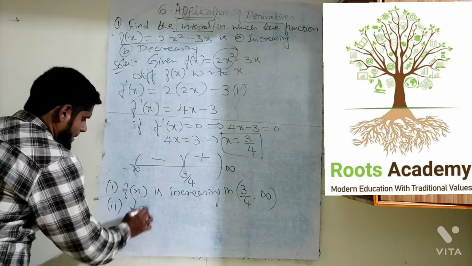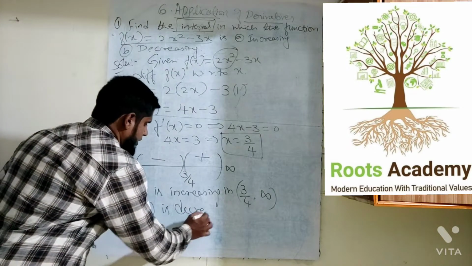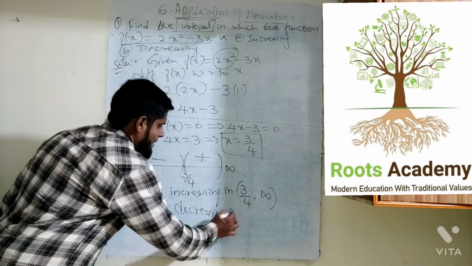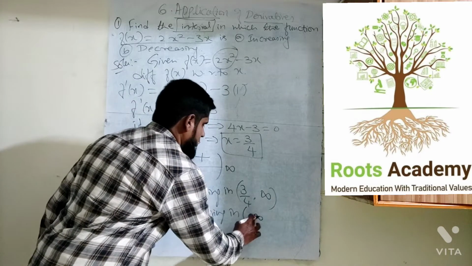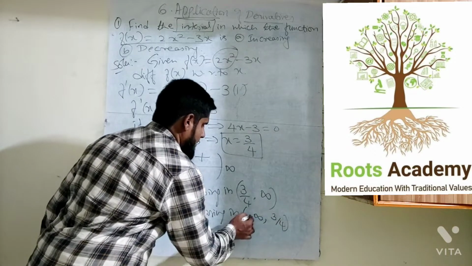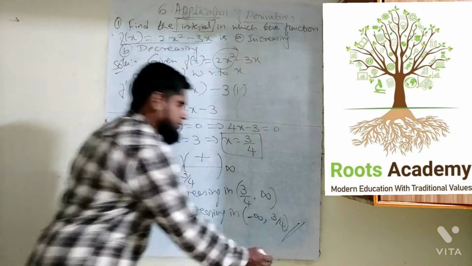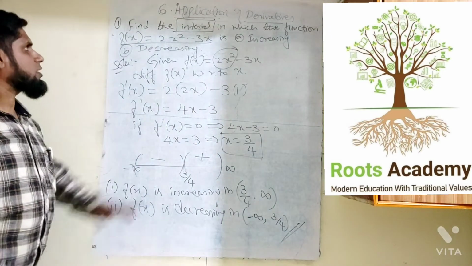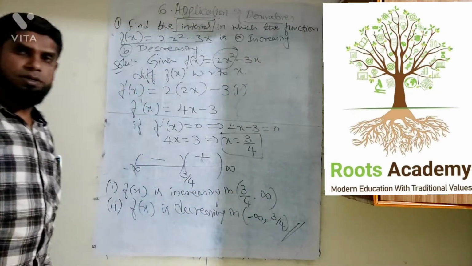Second conclusion, f of x is decreasing in the interval minus infinity comma 3/4. So this is the final answer, because it's just asking us to find the interval, and we got the intervals.